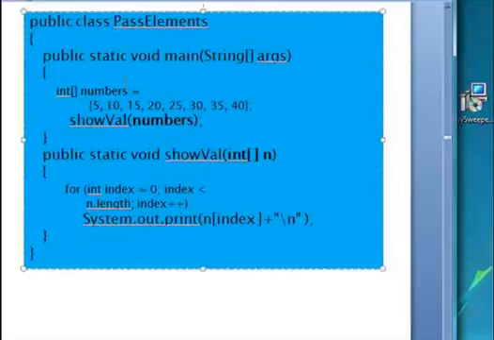In my main method, I'm going to say show val and pass numbers. Numbers is an array. So the formal argument, int[] n, is of type array. So this n is going to take the address of this number, and bring this to this for statement.